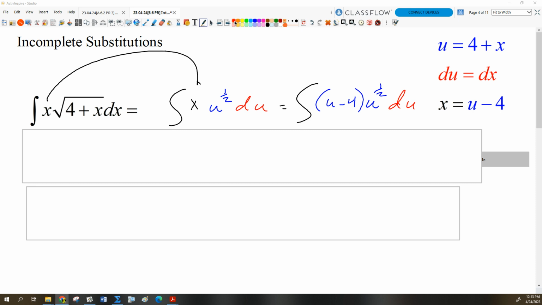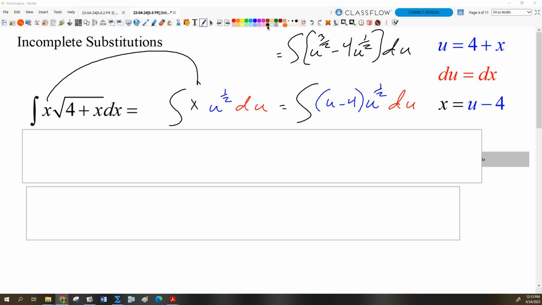Now we can distribute, and I get the integral of u to the 3/2 minus 4 u to the 1/2 du, and that's one we can do.